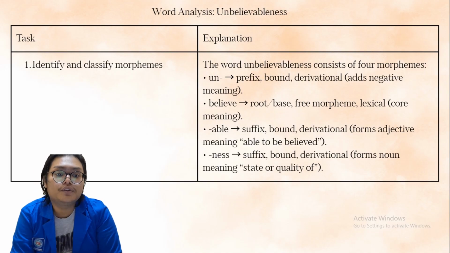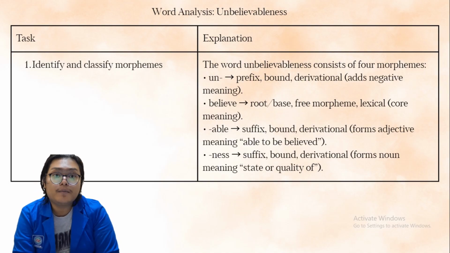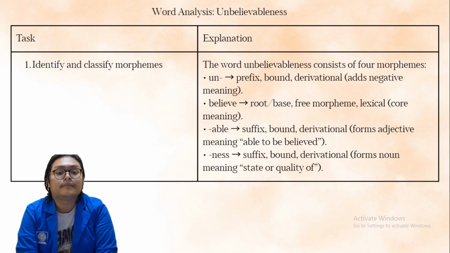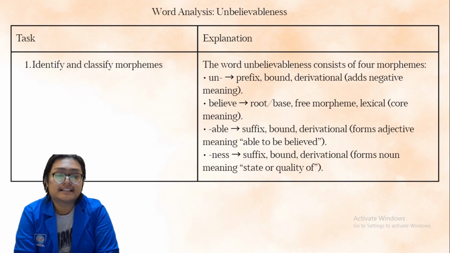Belief is a root or base word, free morpheme, lexical, core meaning. 3. Able, suffix, is a bound morpheme, derivational, forms adjective meaning able to be believed. 4. Ness, suffix, bound morpheme, derivational, forms noun meaning state or quality of something.